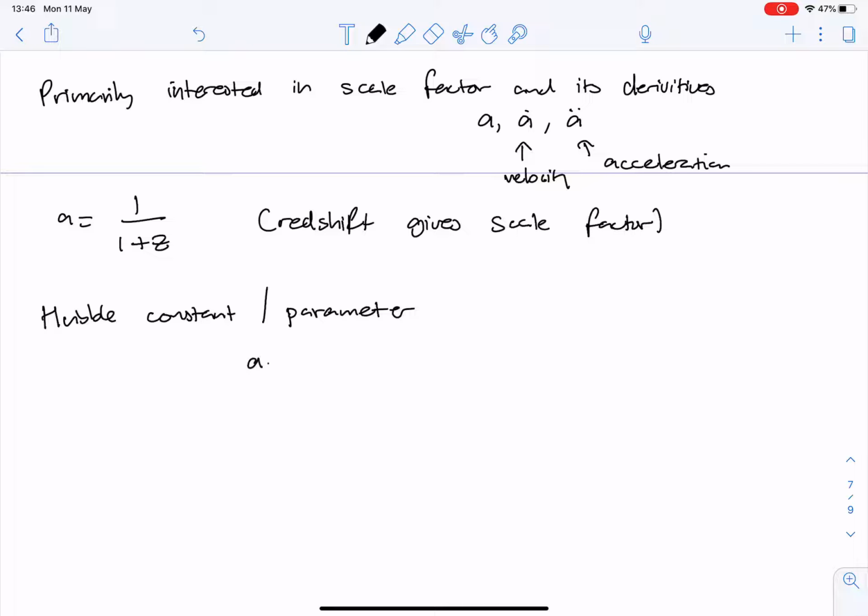And that's a dot over a equals H, or a dot over a at t equals now is equal to H naught. So that's the velocity, it's the rate of change of the scale factor.